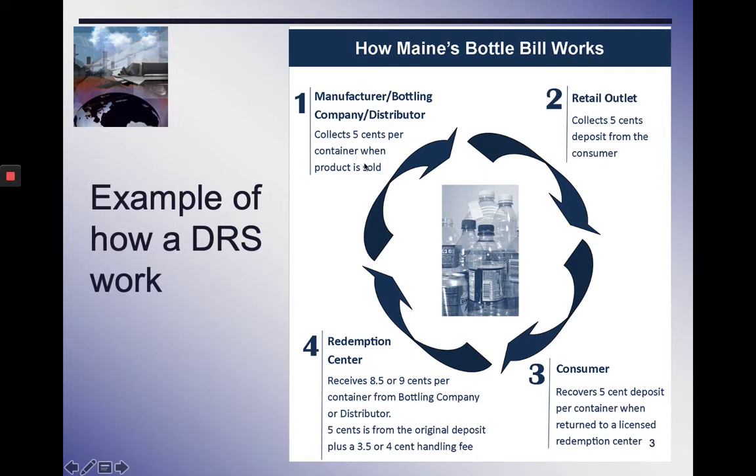The handling fee probably is to be borne by the bottling company or the manufacturer. So that is how the bottle bill works, or how the deposit refund system works.